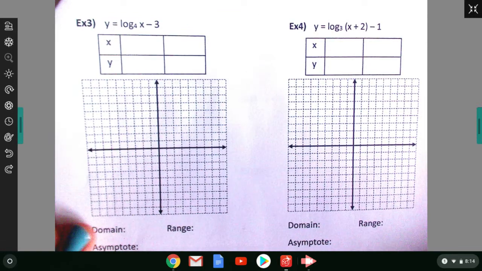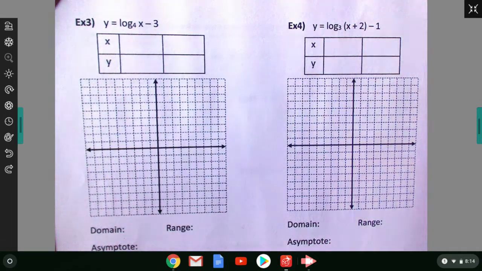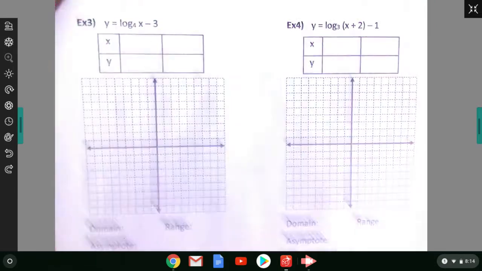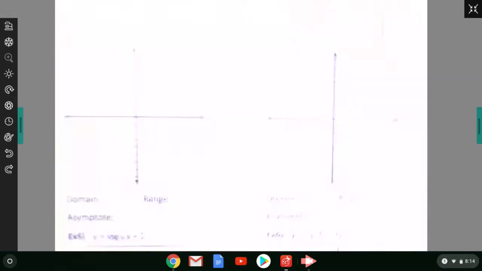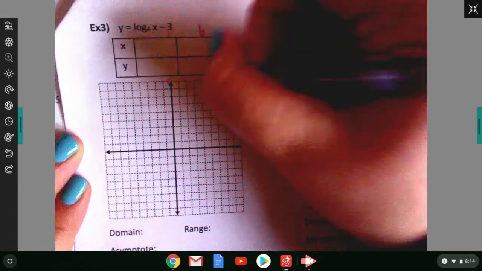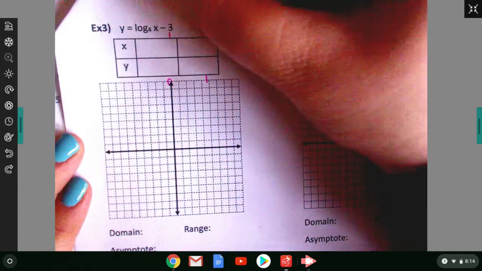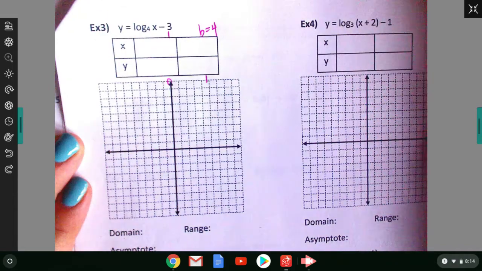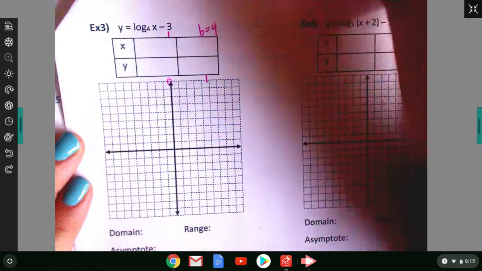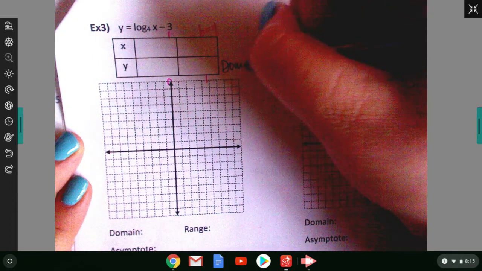Okay, let's see, number 3. We've got log base 4 of x minus 3, so we've got the points 1, 0 and b, 1, and in this case our b is 4. And we've got a minus 3 out here, so that's going to be a down 3.